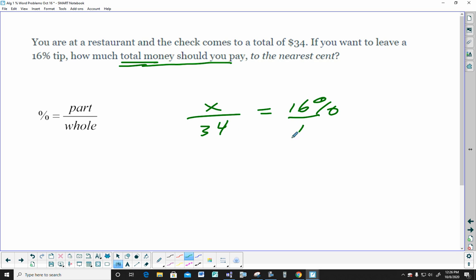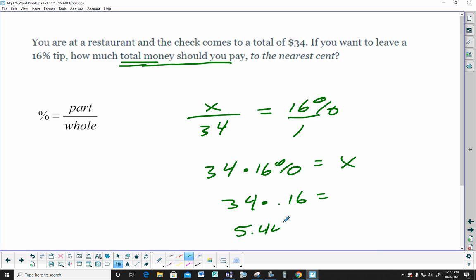Okay, cross multiply. 34 times 16% is equal to x. So 34 times 0.16 gives you $5.44. But that's the tip, folks.